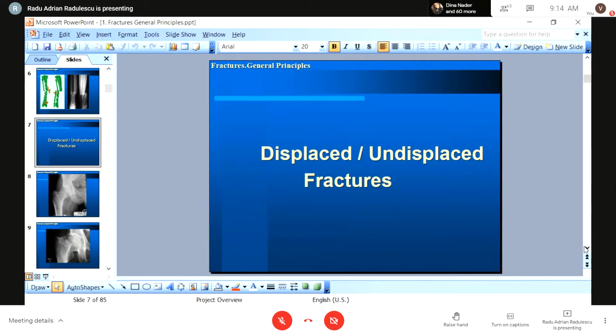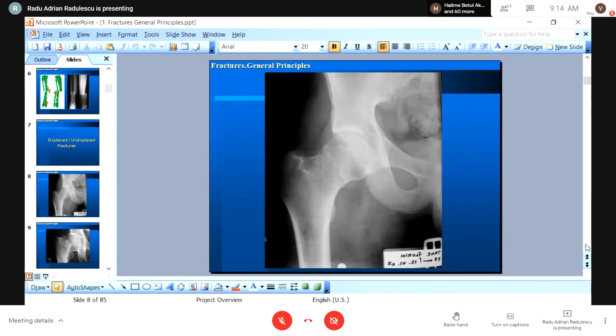We may have undisplaced or displaced fractures, but unfortunately most of the fractures are displaced. The non-displaced fractures are of course easier to treat because there is no need to perform the reduction of the fragments, we only have to immobilize them in order to obtain the union of the bone.